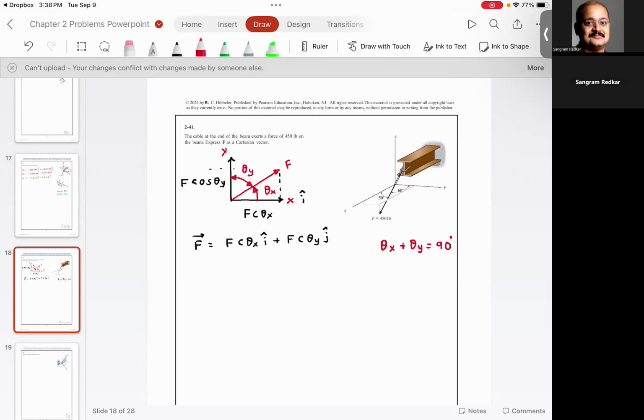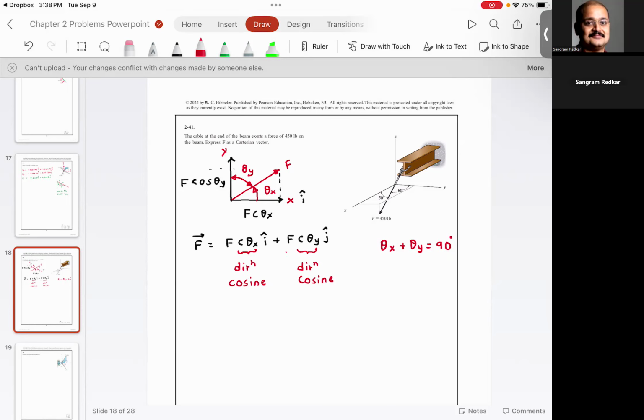These cosine angles are called the direction cosines. What is a direction cosine? Direction cosine is the cosine of the angle made by that vector with respect to the positive axis.